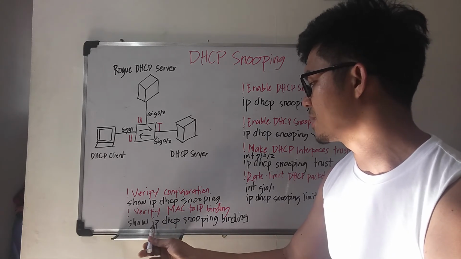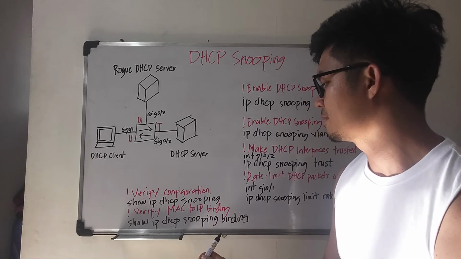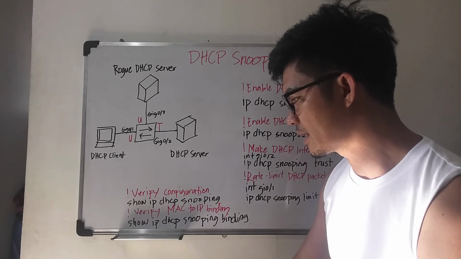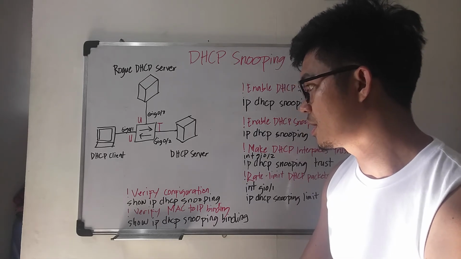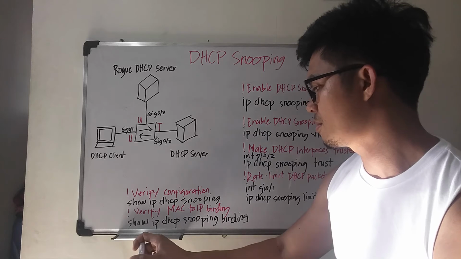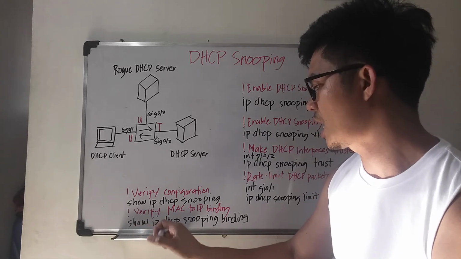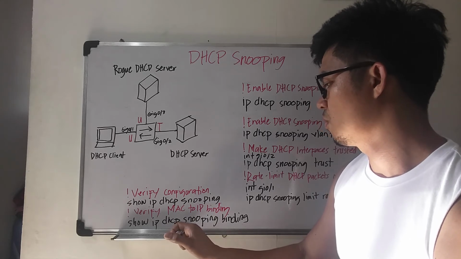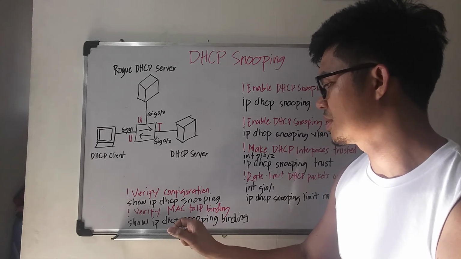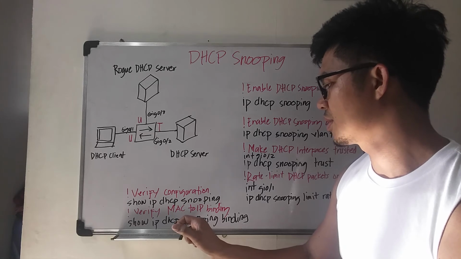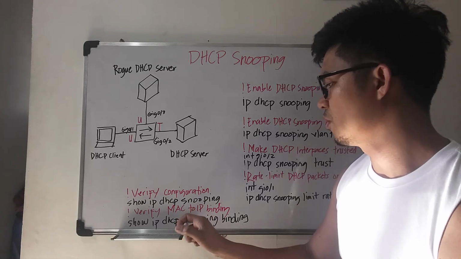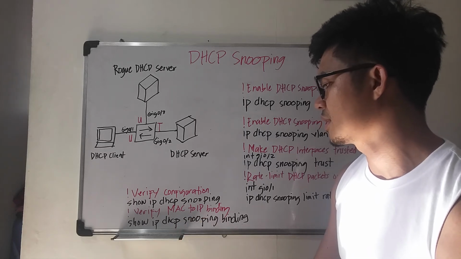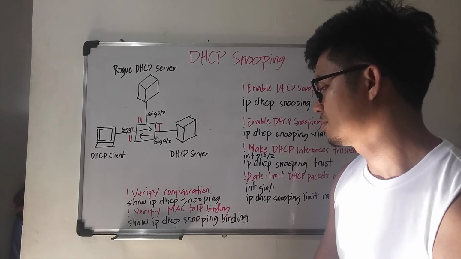in this command, show ip dhcp snooping binding. And you'll see in the output that the switch is tracking the MAC address and IP binding, and what is the associated port of that MAC address and IP address.